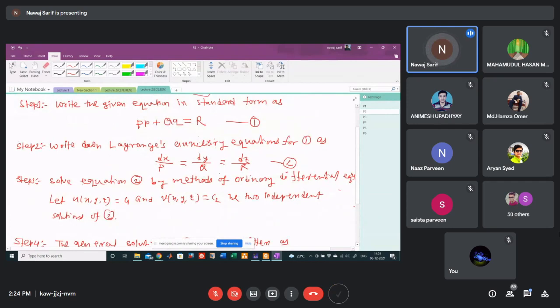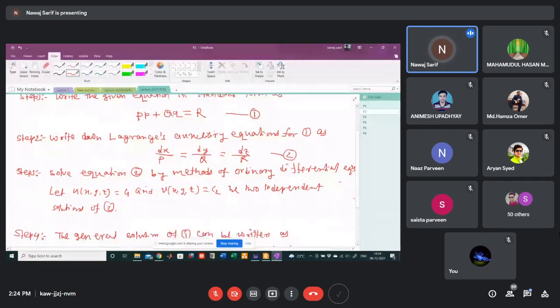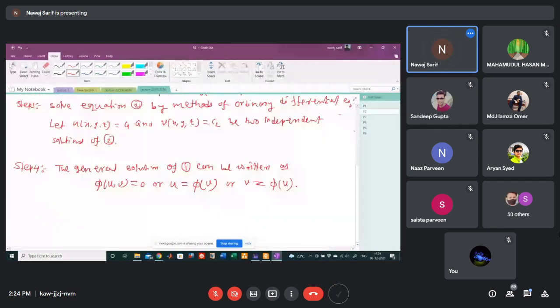Then write the solution in the form phi of u, v equal to 0, or u equal to phi of v, or v equal to phi of u. Here phi is an arbitrary function. Clear?